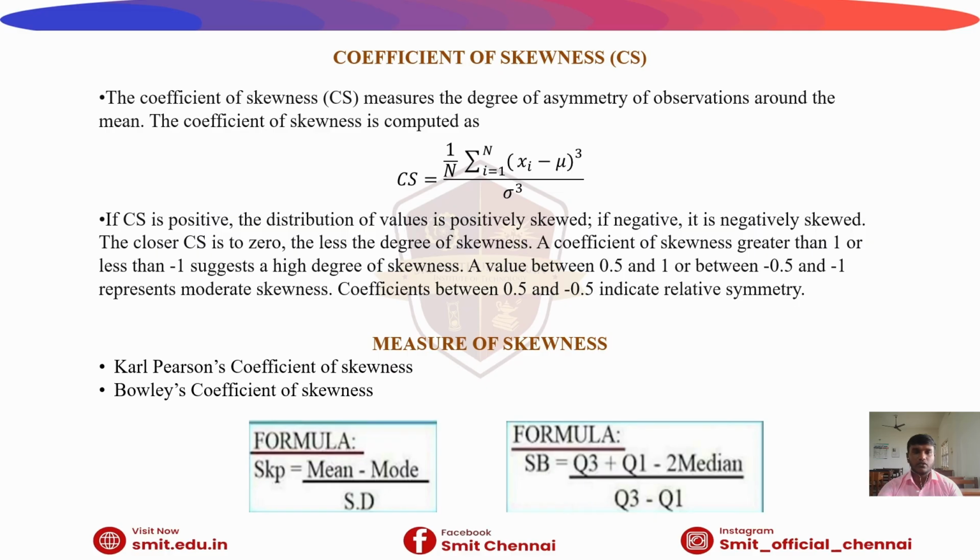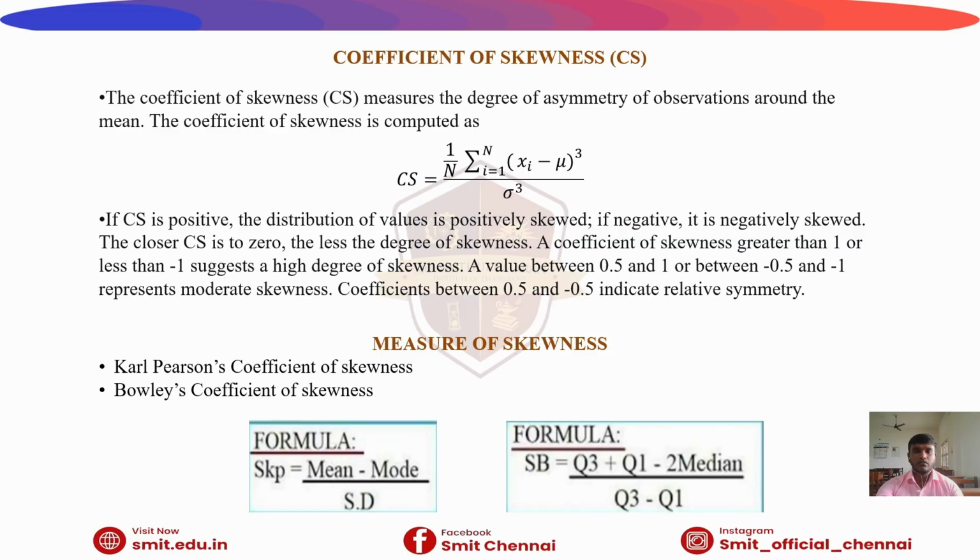Then coefficient of skewness. The coefficient of skewness measures the degree of asymmetry of observations around the mean. The coefficient of skewness is computed as per the given formula. If CS is positive, the distribution of values is positively skewed. If negative, it is negatively skewed. The closer CS is to zero, the less the degree of skewness.